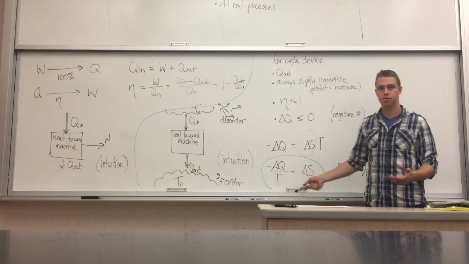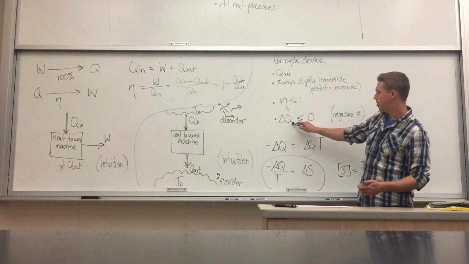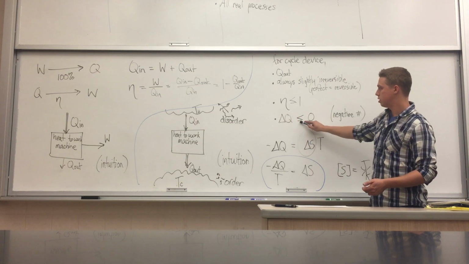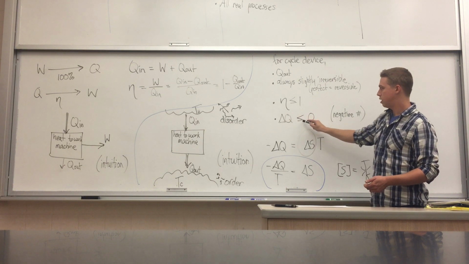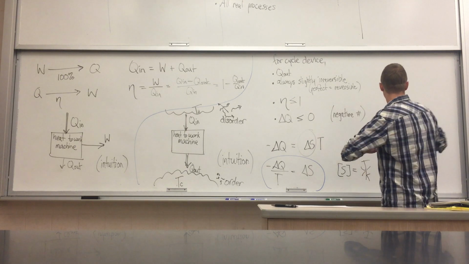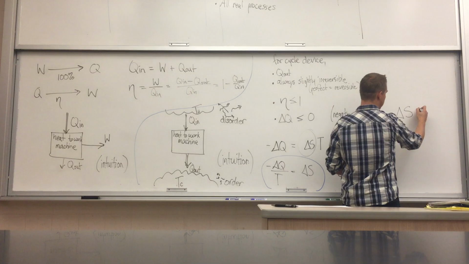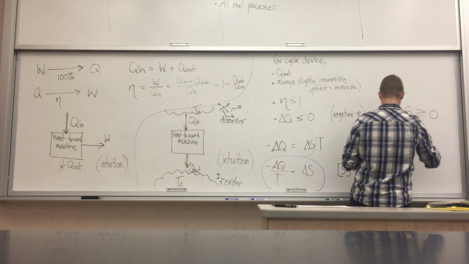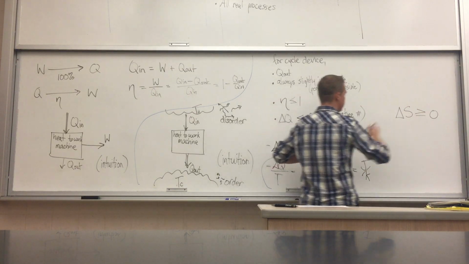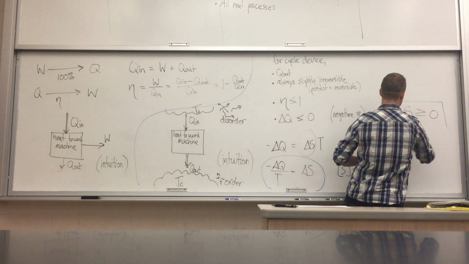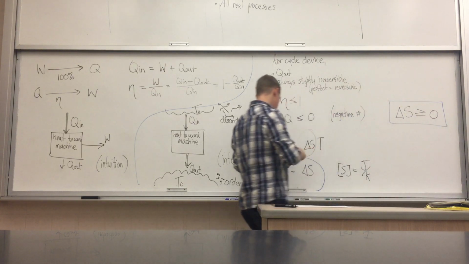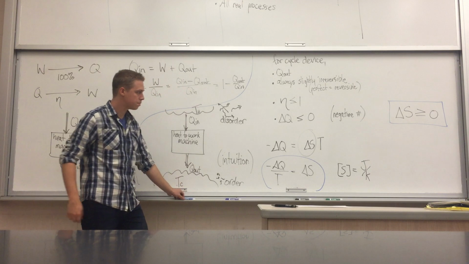This is going to be a positive number. So if this thing is true, that delta Q is less than or equal to 0, then we have another true statement we can make, that delta S is greater than or equal to 0. All right?